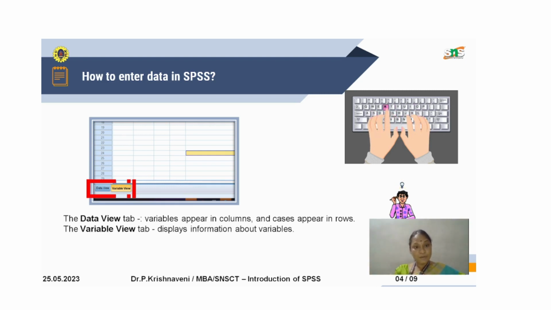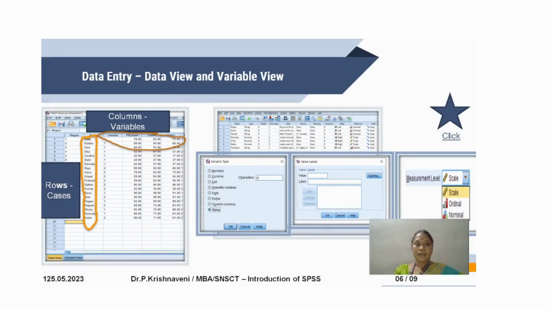And the variable view tells that this column is a string, this is a number, you have to treat it in this way. Everything can be assigned with the support of the variable view. It's super easy for us to understand.